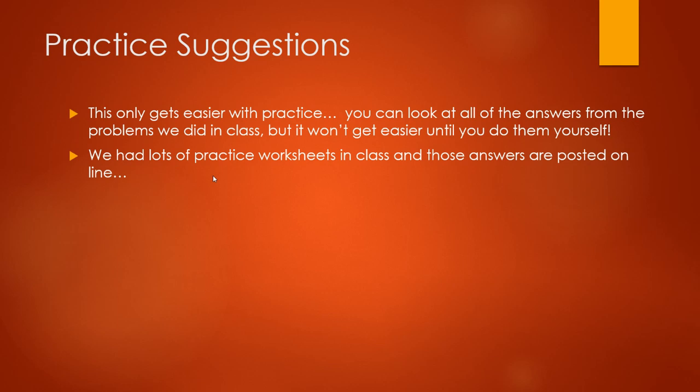You may find that there was a consistent mistake that you made, especially in your unit conversion problems. I really don't feel comfortable posting additional practice worksheets because I think you guys have had a lot of practice, and I really think the best thing to do is to go back and redo some of your old problems because we do have all the answer keys. But this is one of those things that really only gets better after you practice it.